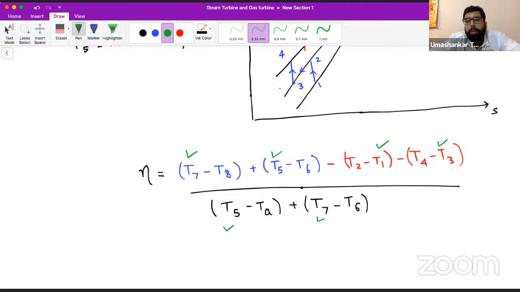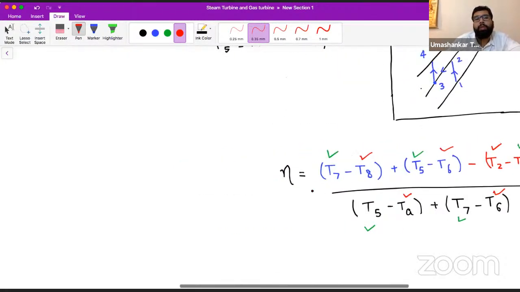We require T2, T4, T6, T8, and TA. So I am putting a red tick on those temperatures which we require to find to solve this question. So let's just one by one start solving for them.